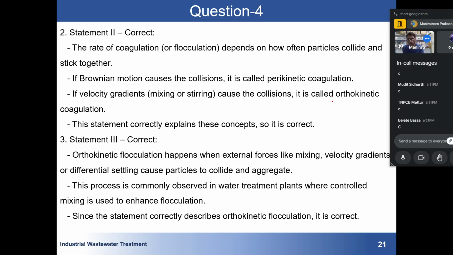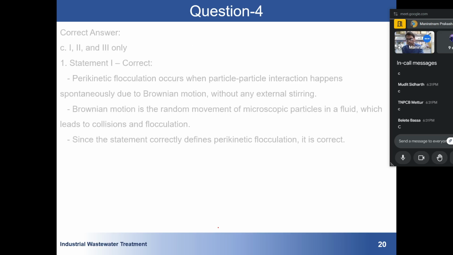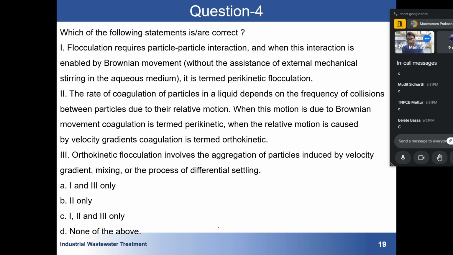Orthokinetic flocculation happens with an external force like mixing, velocity gradient or differential settling. If you look, all these three options are just saying it in different forms. This process is commonly observed in water treatment plants where controlled mixing is used to enhance flocculation. So this is also correct. So yes, the correct answer was C, 1 to 3.